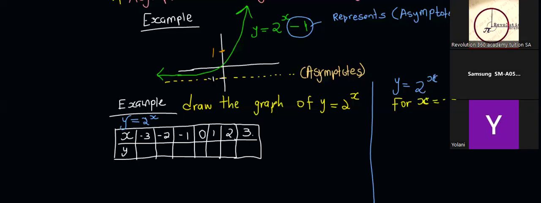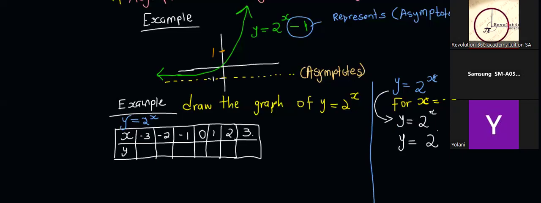When we're saying for x equals -3, it means you rewrite the equation as it is, y equals 2 to the exponent of x. And then in the place of x, you put -3. So y equals 2 to the exponent of -3.